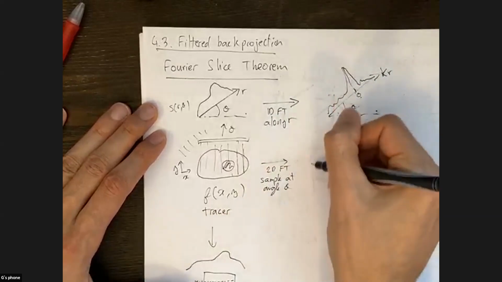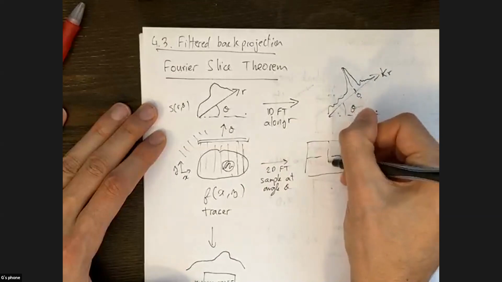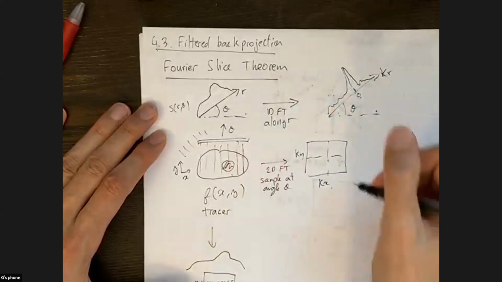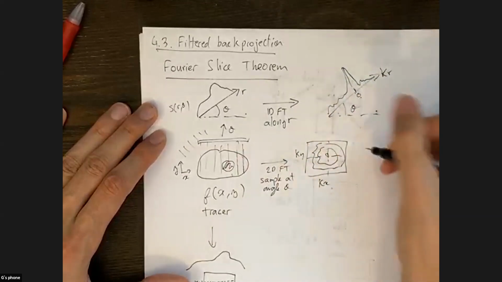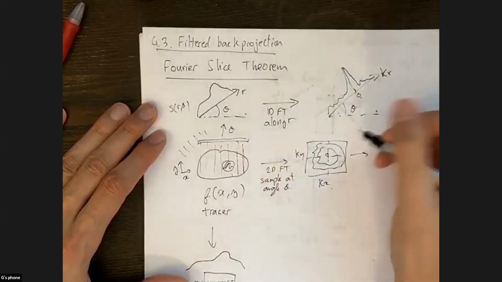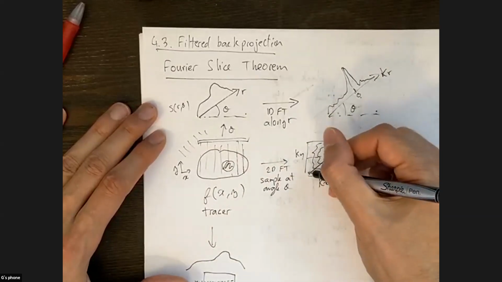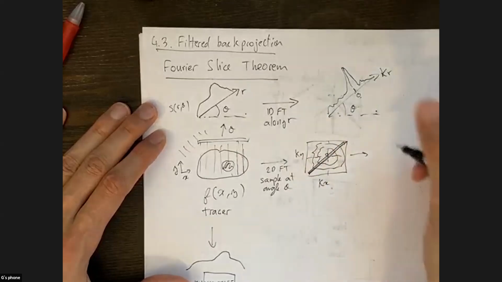So the first step would be to take the 2D Fourier transform here. So again, this will be Kx, Ky. So we moved into the frequency domain, and this would be our spectrum information here. And then I said sample at an angle theta. That means I will just look at the 2D Fourier transform along that line. Okay, and I can plot that.